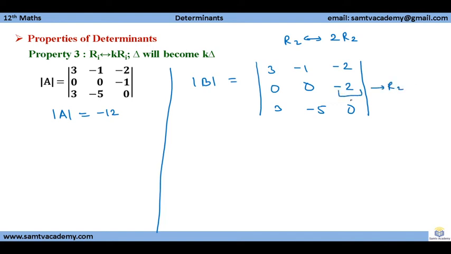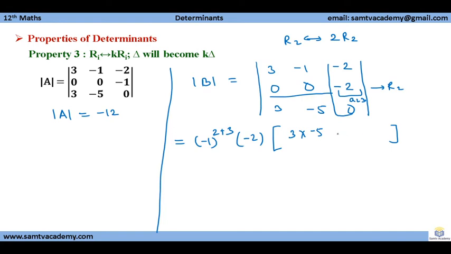The location of this is 2 3, second row, third column. So minus 1 to the power 2 plus 3, value is minus 2, and what we are left with, we have to leave this column and this row. So we are left with 3 into minus 5 and minus 3 into minus 1.